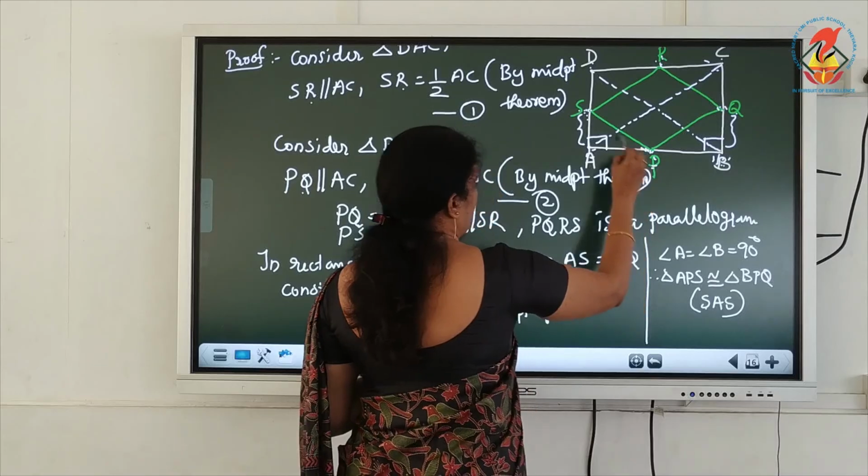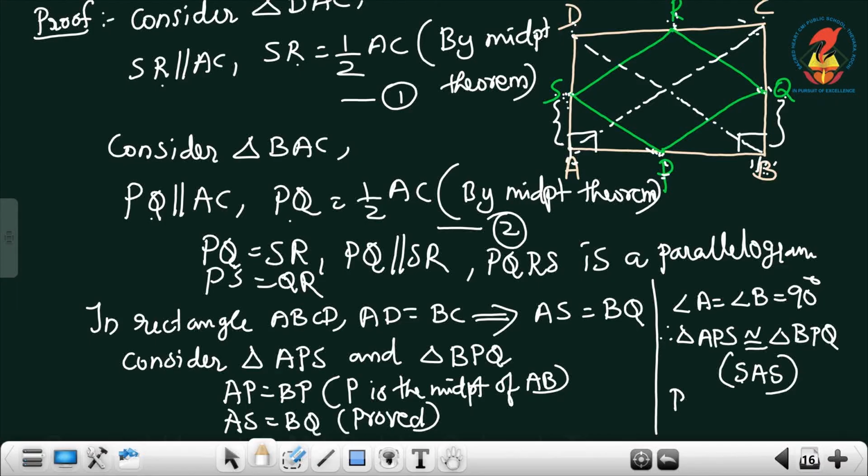Therefore, PS equal to PQ by CPCT. This is equation number 3.